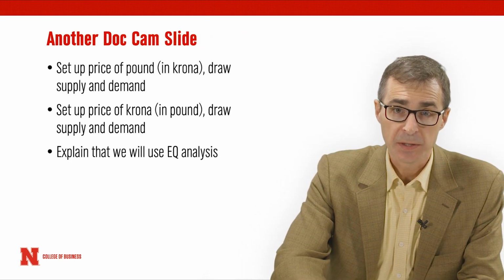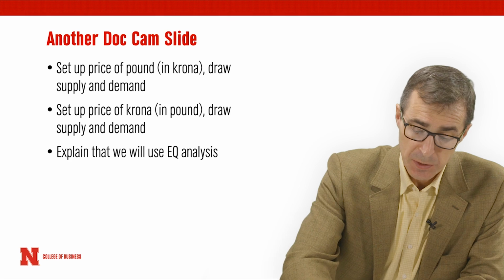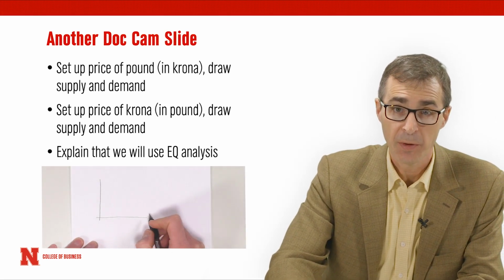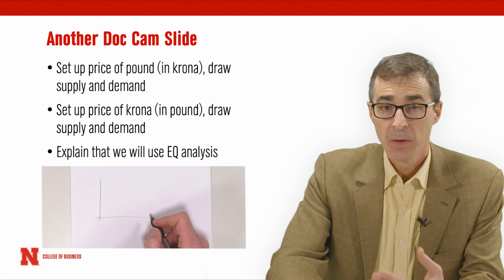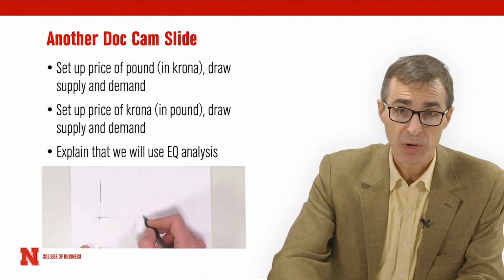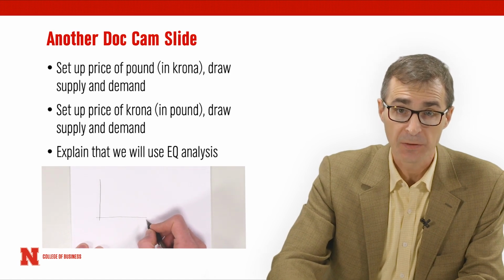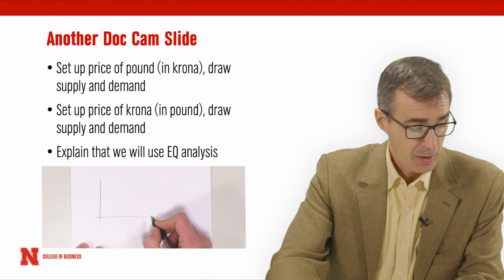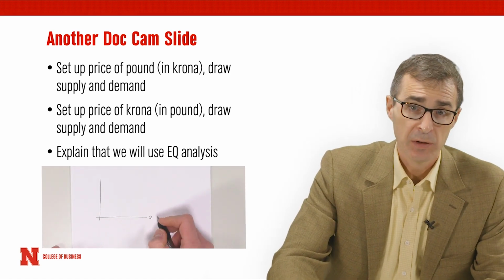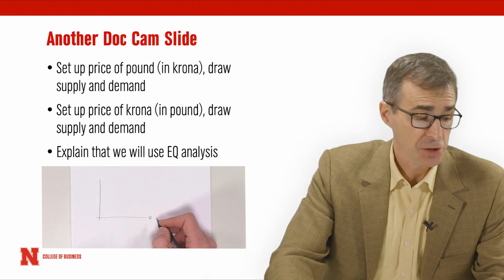Now, to understand exchange rates requires us to apply supply and demand analysis to the foreign exchange market. To show you how this would be set up, we're going to still consider the price on the vertical axis and the quantity on the horizontal axis, but now the quantity is the amount of one particular currency being exchanged in the foreign exchange market.